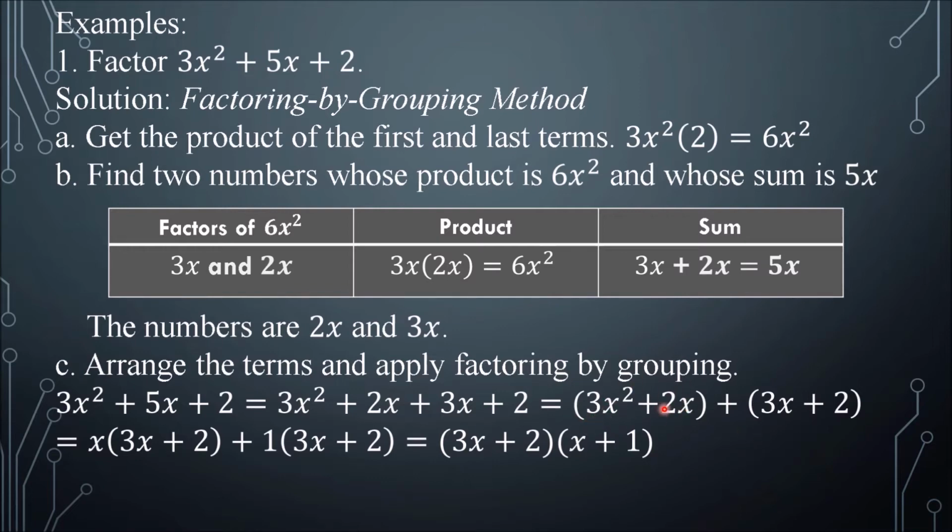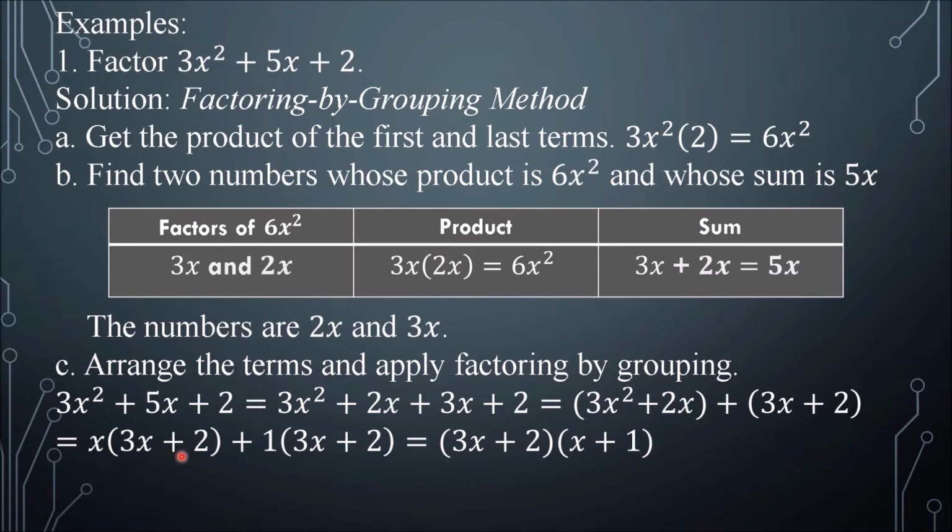Now, in this case, the common monomial factor here is x. The remaining factor is 3x plus 2. On the other side, the common monomial factor, of course, is 1. And the remaining factor, 3x plus 2. Now, you have 3x plus 2 here and 3x plus 2.